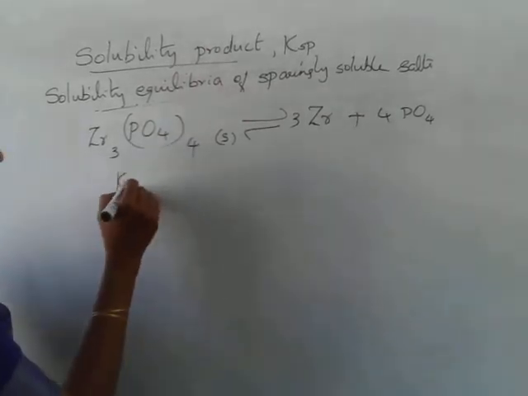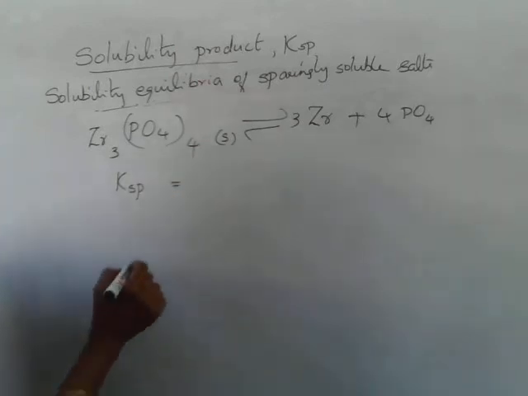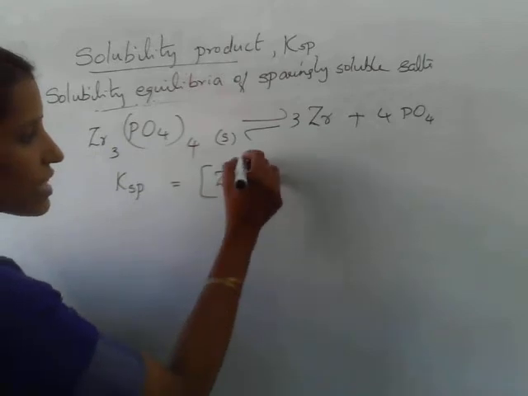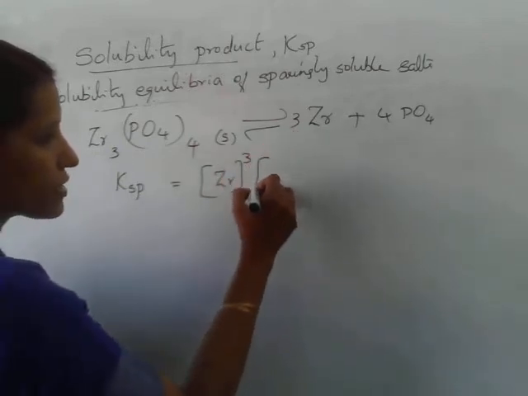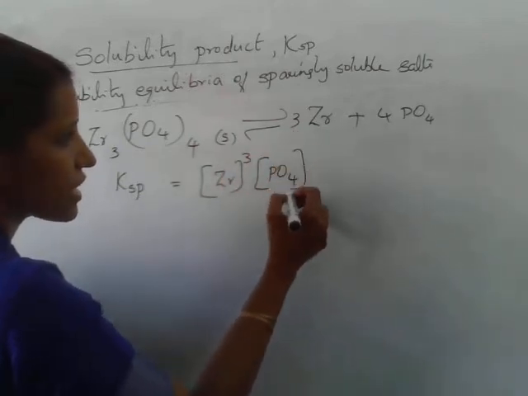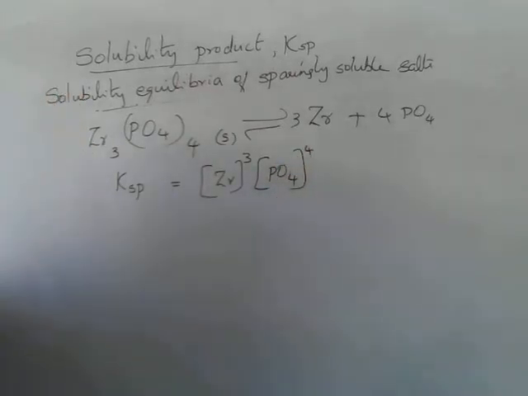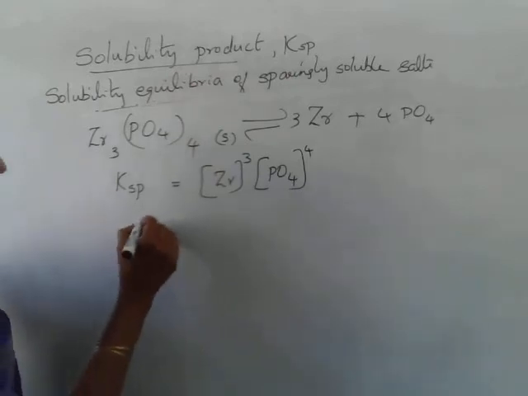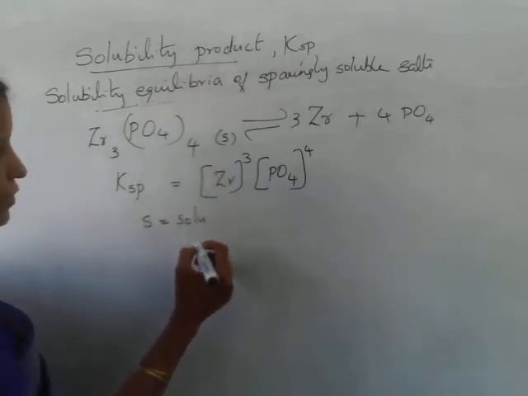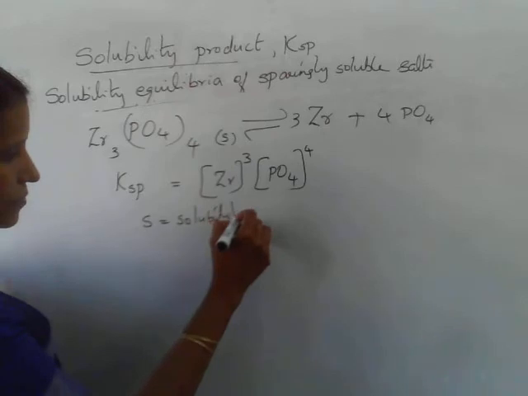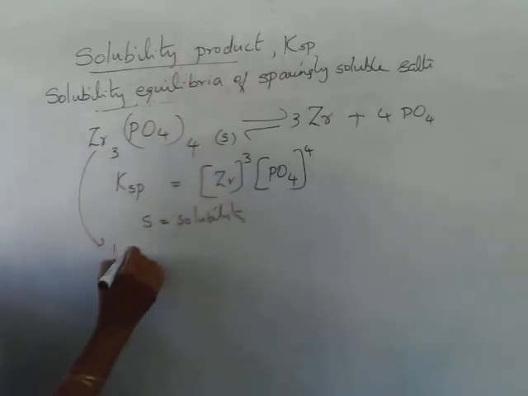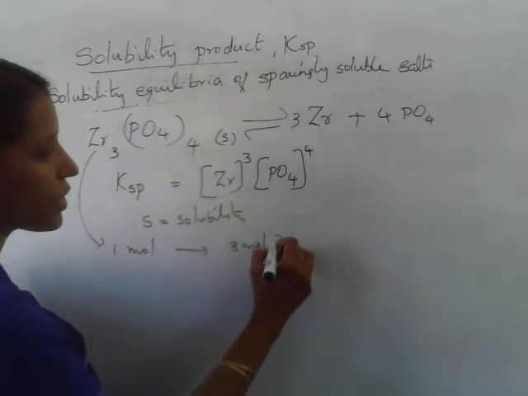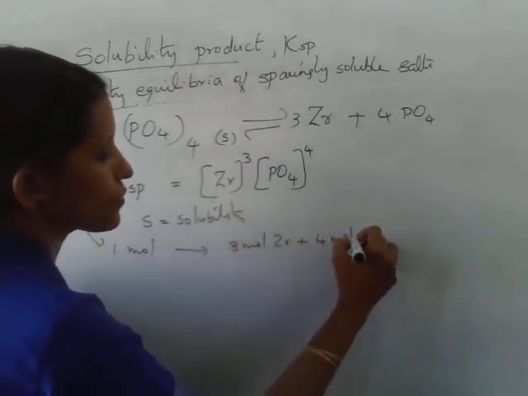Let us write the equation for solubility product KSP. KSP is equal to the concentration of zirconium ion raised to 3, its coefficient, into the concentration of phosphate ion raised to 4. Right? If S is the solubility of zirconium phosphate, according to this balanced equation, 1 mole zirconium phosphate gives 3 mole zirconium and 4 mole phosphate ion.